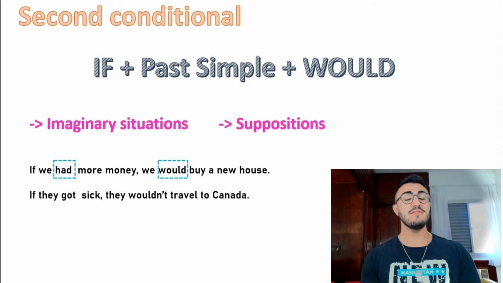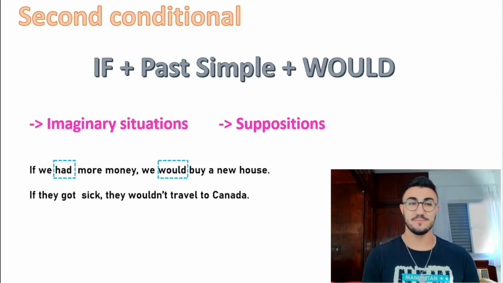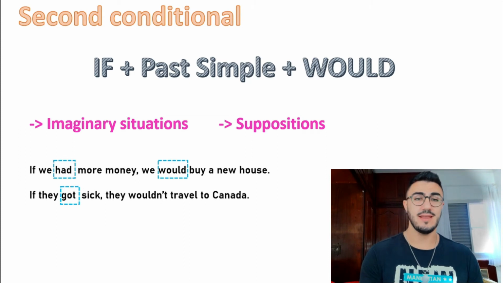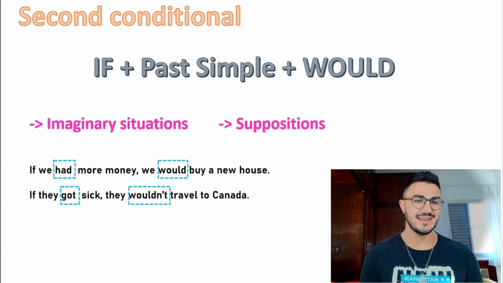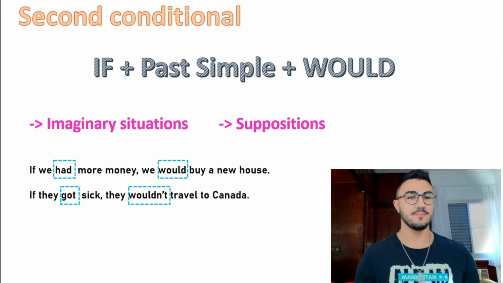Next, if they got sick, they wouldn't travel to Canada. So, past simple, got, and wouldn't in negative. Okay? Would in negative. Alright? Nice. Next example.